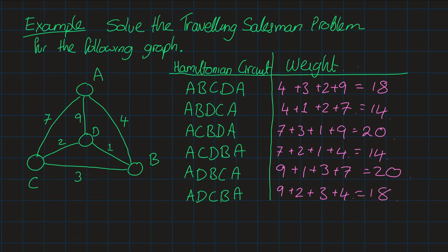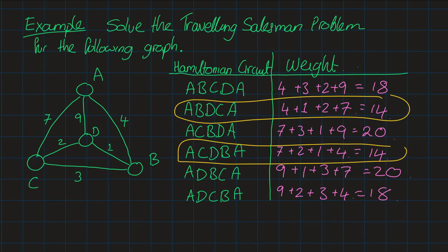Okay, so what's the answer? Well, the answer is either this one or this one. It doesn't actually matter which one, because secretly they're actually the same. So A, B, D, C, A, and the other one is just the same Hamiltonian circuit but backwards.